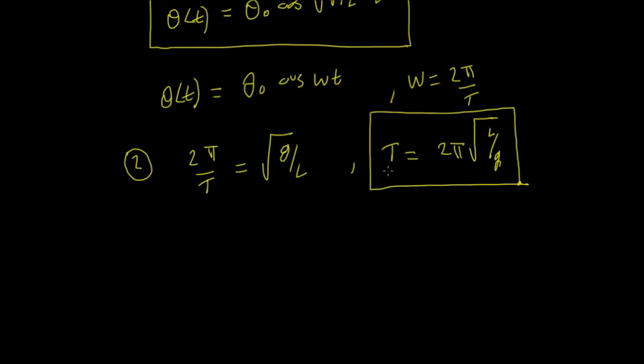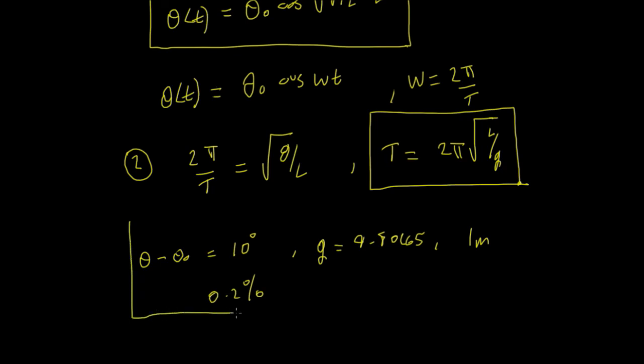If you have a look at Wikipedia, it gives an example: for an angle theta naught of 10 degrees, a value of g of 9.80665, and a pendulum length of 1 meter, the difference between the large angle period and the small angle period is approximately 0.2%. So not a huge difference.